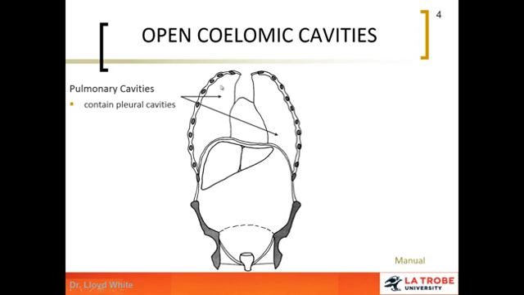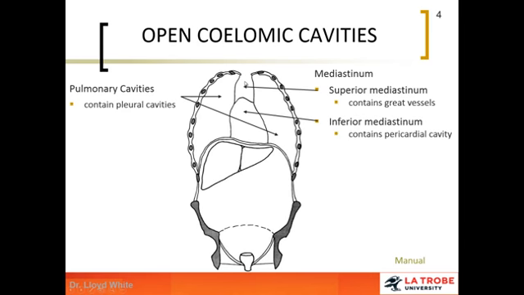Now, in between the two pulmonary cavities, we have our mediastinum. In the superior part of the mediastinum, we will have our great vessels like the superior vena cava, the aorta, the pulmonary arteries and veins, while in the inferior mediastinum we will have the heart, and the heart will be surrounded by another smaller cavity called the pericardial cavity.